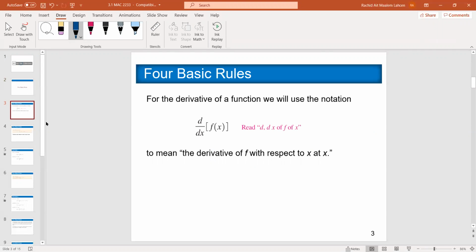What does this mean? It means the derivative of f with respect to x at x, which means we differentiate with respect to x. That's the variable that is of interest. Let's say you have a function, and if this is the variable that is of interest, then we differentiate with respect to that.